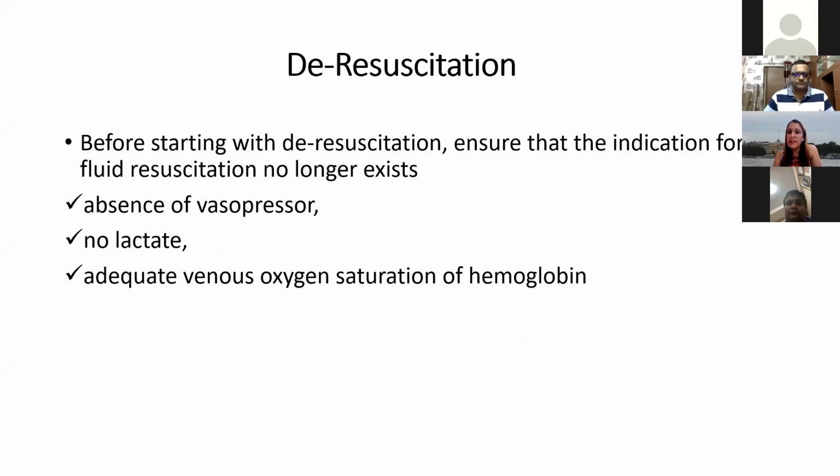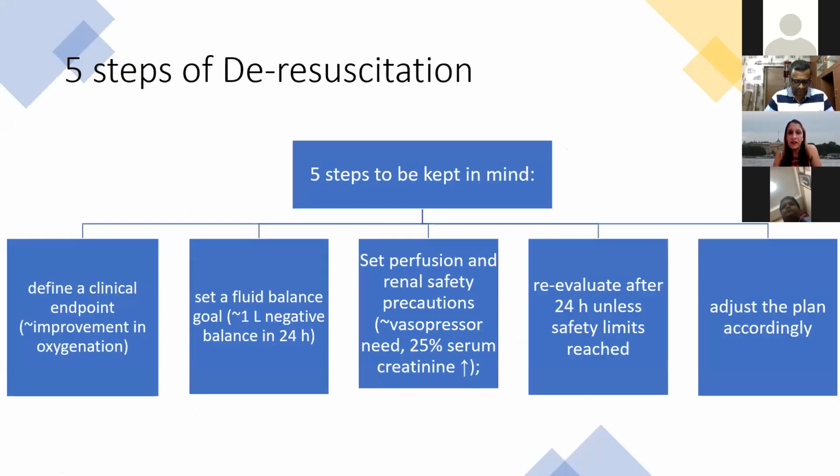So before starting with de-resuscitation, ensure that the indication for fluid resuscitation no longer exists, that the patient is hemodynamically stable, if he or she is not on vasopressors or on minimal vasopressors. Lactate has been cleared and there's adequate venous oxygen saturation. 5 steps should be kept in mind while going in for de-resuscitation.